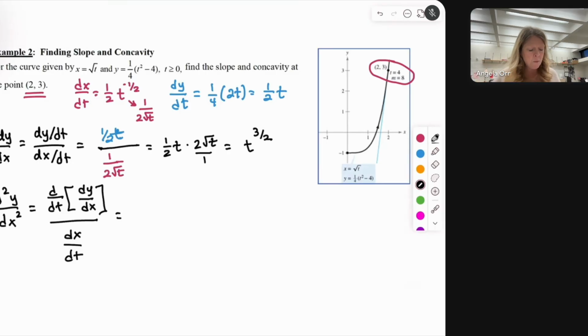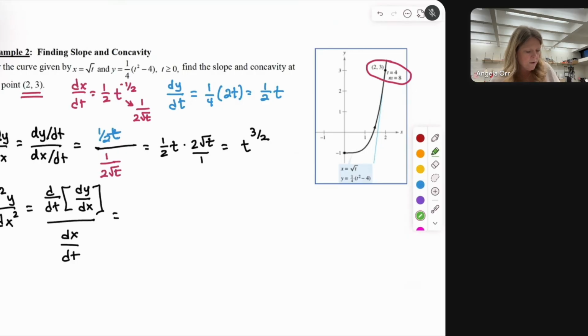We know that t to the 3/2 is our first derivative, so I'm going to take its derivative with respect to time. The derivative of t to the 3/2 is 3/2 t to the 1/2 power. I'm going to then divide that by dx/dt, which was 1/2 t to the negative 1/2 power.